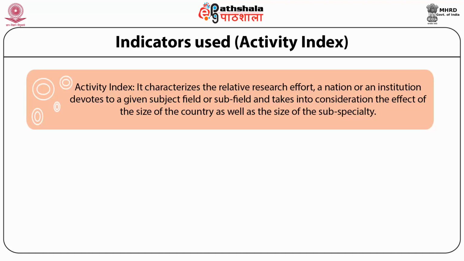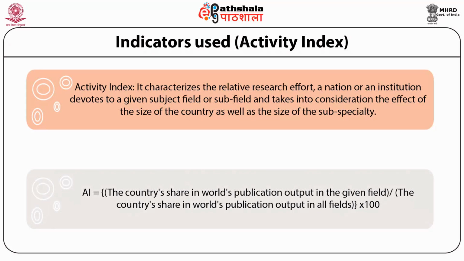It takes into consideration the effect of the size of the country as well as the size of the subspecialty. Mathematically, AI is equal to {[the country's share in world publication output in the given field] / [the country's share in world's publication output in all fields]} × 100.